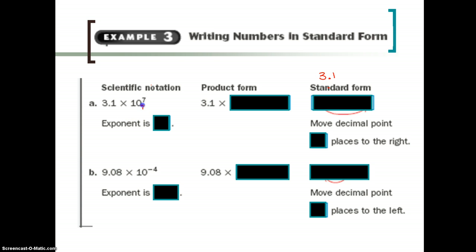It's a positive exponent, so that means this is going to be a big number. Which way would make it bigger, left or right? You should have said right. Right would make it a bigger number than 3.1. So I'm going to move my decimal point 7 spaces: 1, 2, 3, 4, 5, 6, 7. In these empty spaces, I'm going to put zeros.